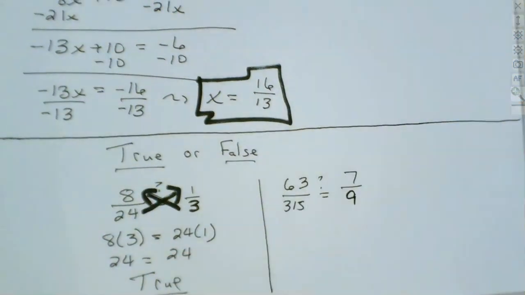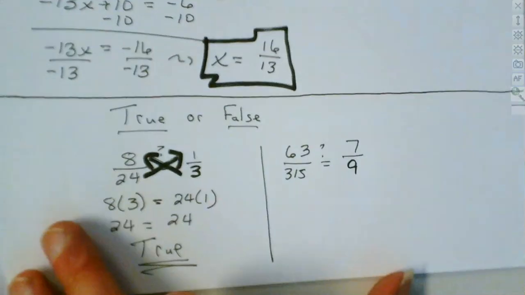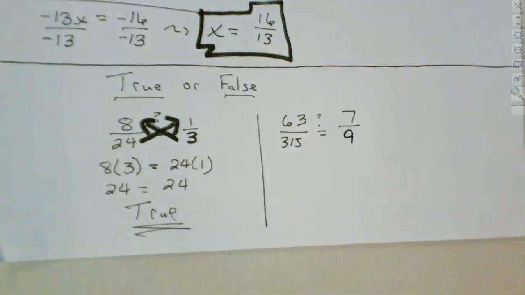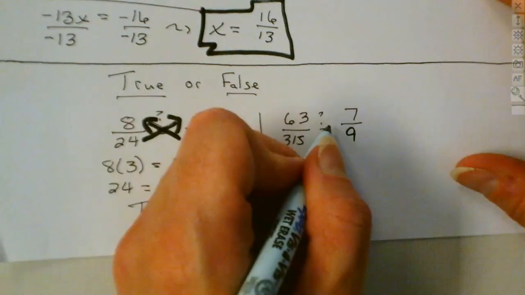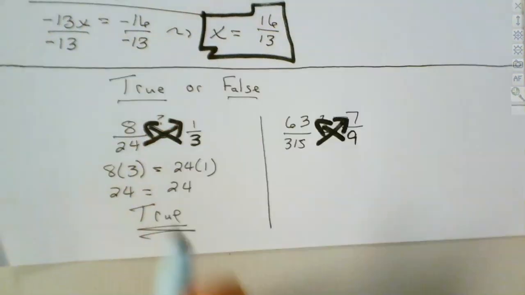Is that going to be true or false? Are these fractions the same? Sometimes you might want to do this. Is 63 over 315 the same as 7/9? Well, without using a calculator, how would you tell? Cross multiply. If they come out to be the same, it's true. If they're not, they're false. So, what do we do? Cross multiply.